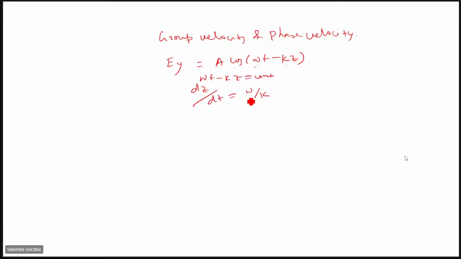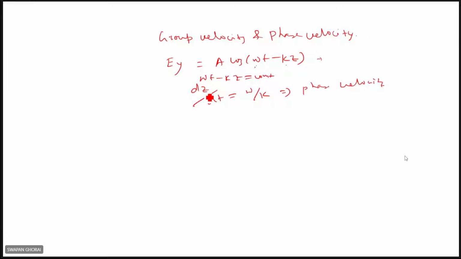This is actually the phase velocity or the wave velocity, if you consider a single frequency wave. That is most important, and that is called a monochromatic wave, right? But in practice, generally, you are not getting monochromatic waves. Any source emitting is not monochromatic.